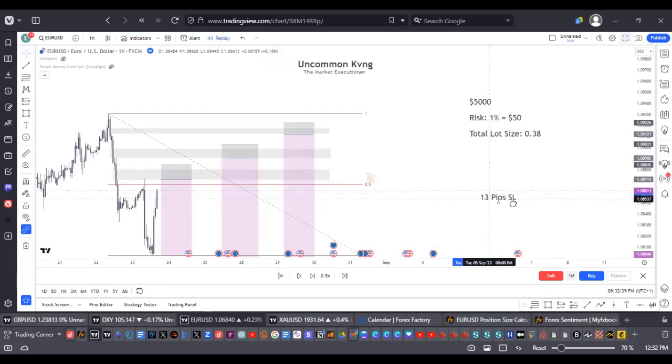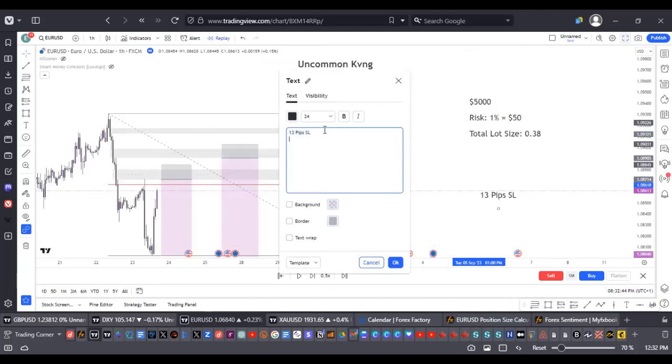So risking 13 pips SL times 3 positions or 3 entries, the 0.38 lot size divided by 3 positions, right?